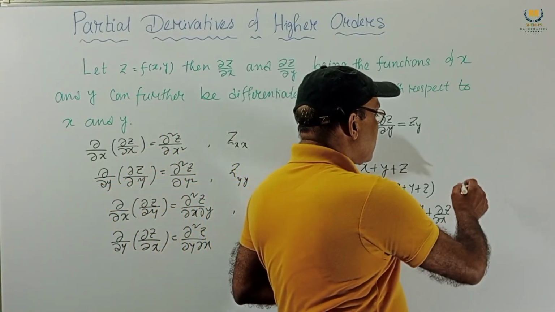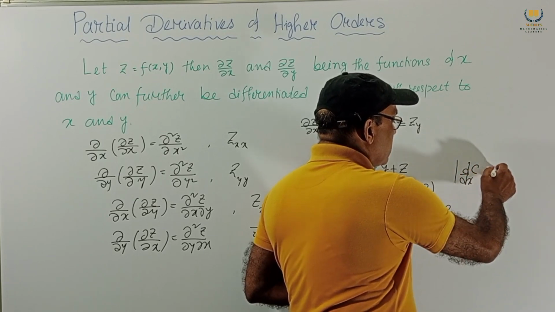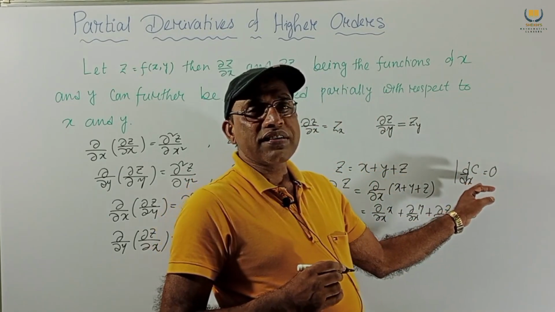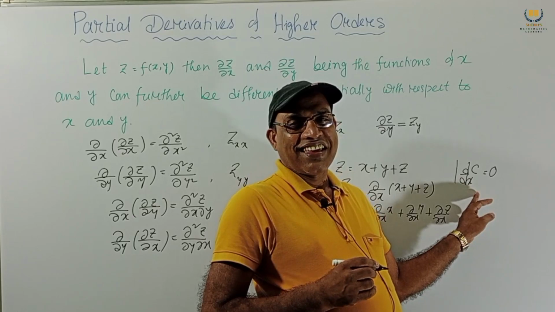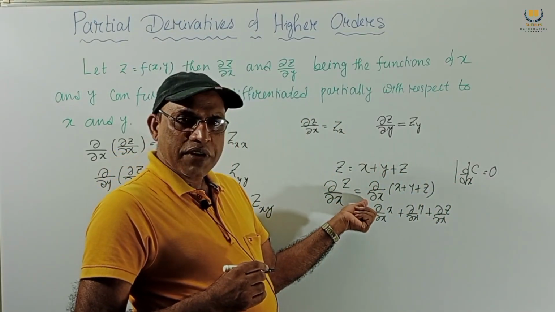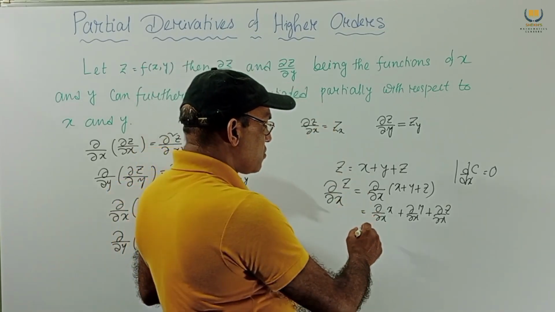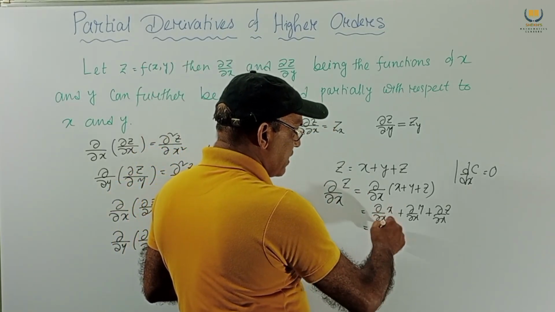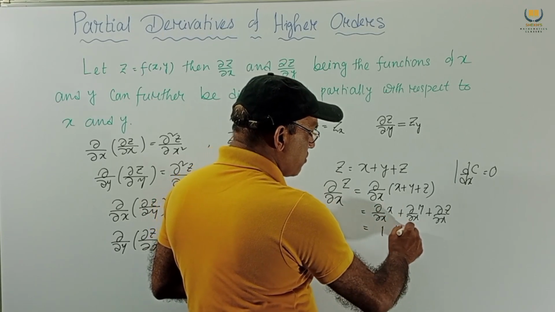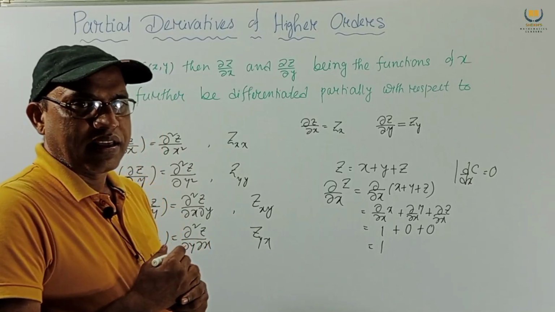Again we know d dx of constant is 0. From higher secondary second year, or first year also, d dx of c equal to 0, where c is a constant. In this case, when we differentiate partially with respect to x, x is variable, others constant. So del x of x is 1, this is 0, this is 0. Ultimately answer we get 1.